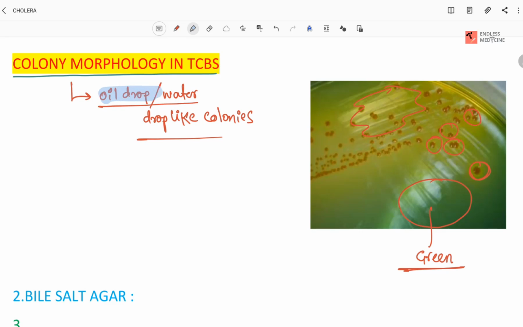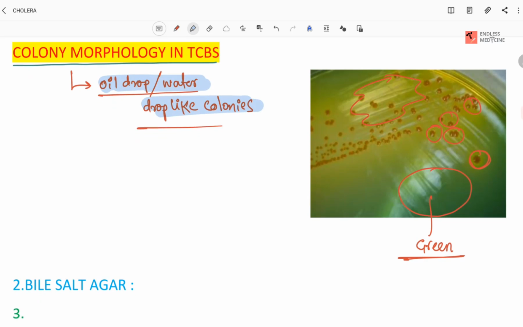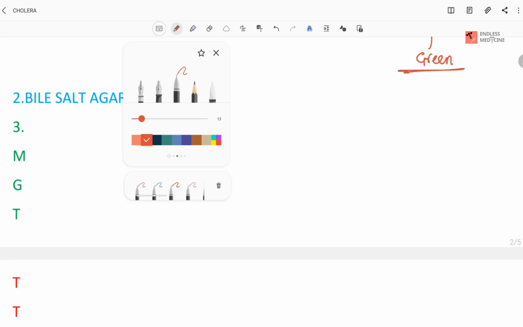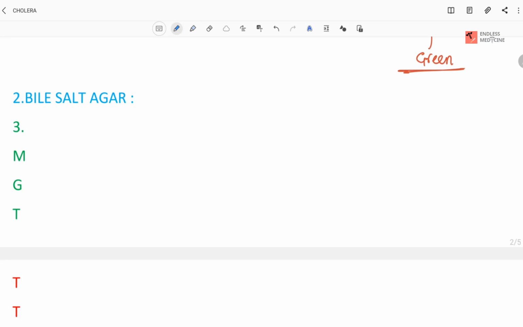Now second selective media is bile salt agar. Here the same type of morphology, that is oil drop colonies, are formed.